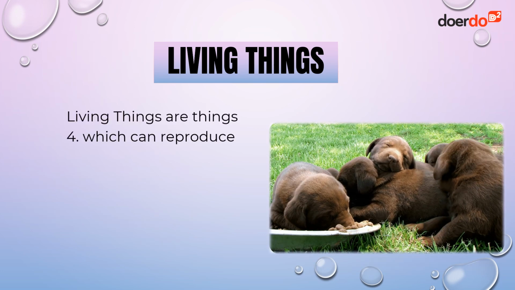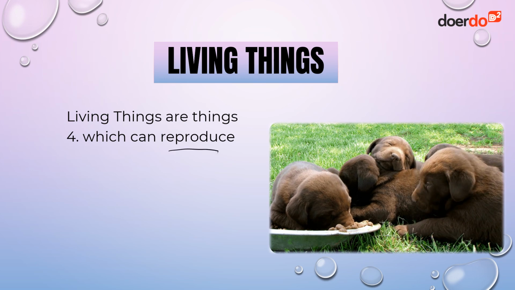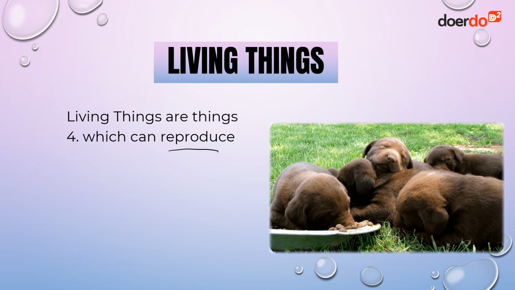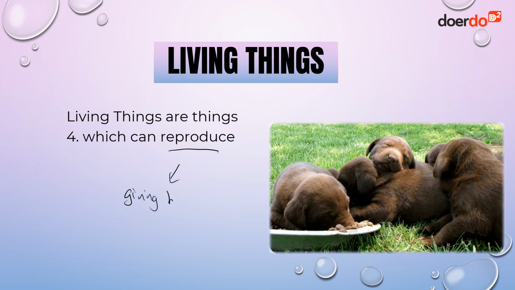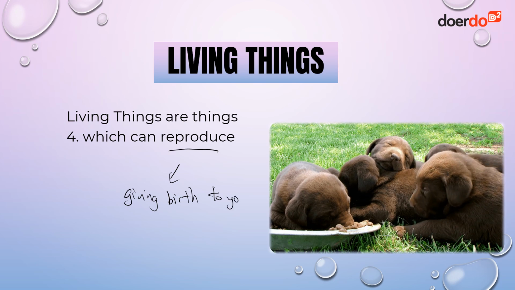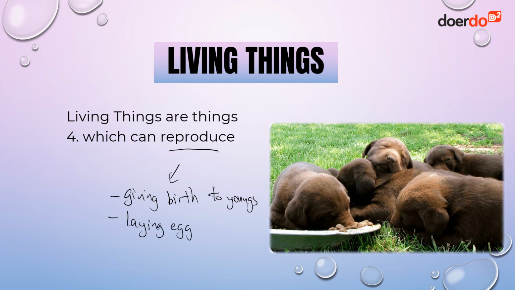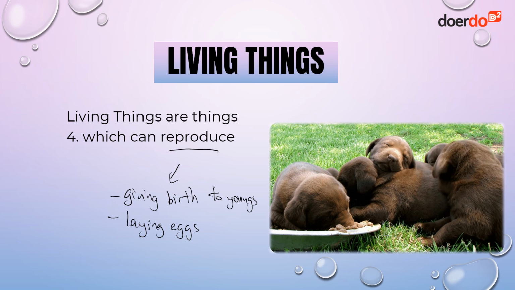so fourth, living things are things which can reproduce. Okay, reproduce. You see the dogs over here? The dogs will give birth to puppies. So they are reproducing. Reproducing can be in the form of giving birth to young, or laying eggs. Okay, so this is for living things like animals.